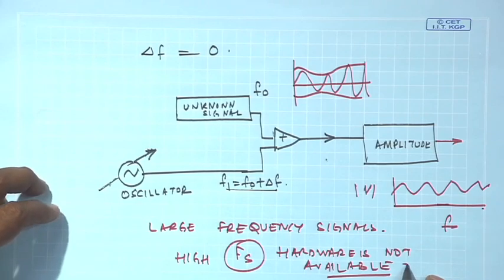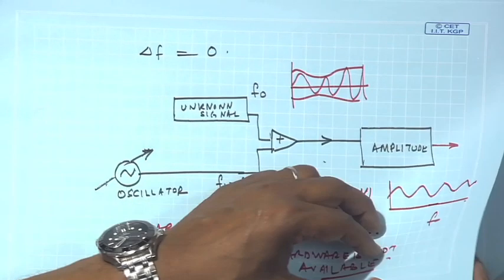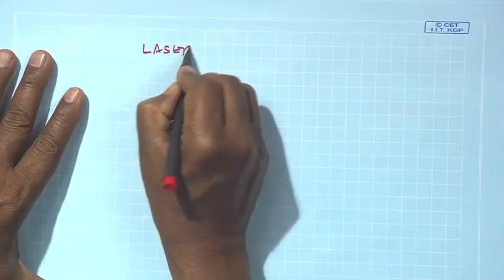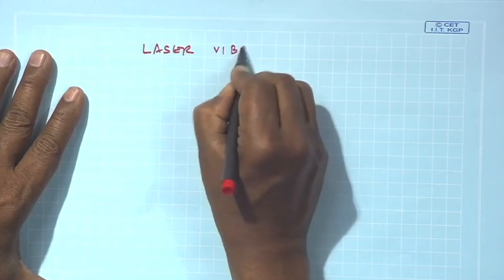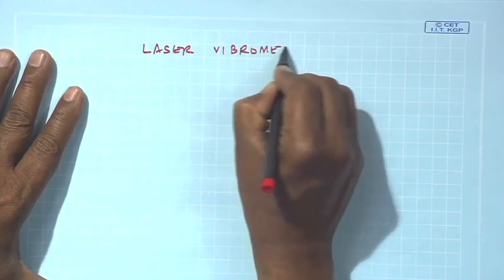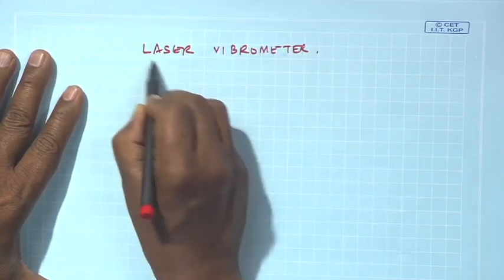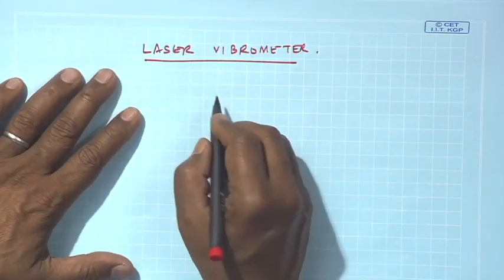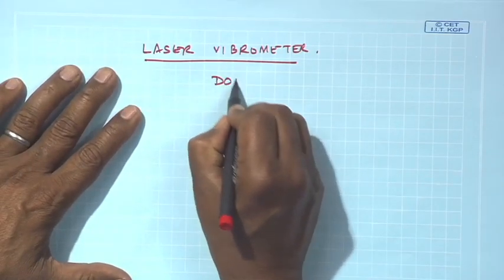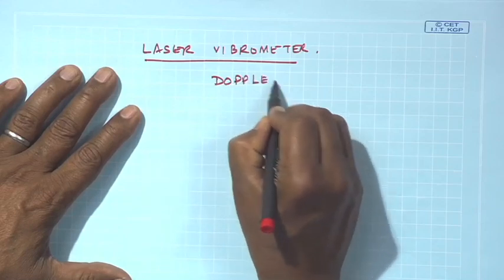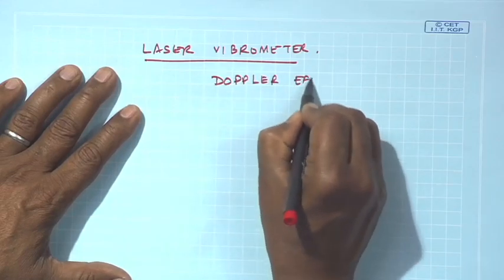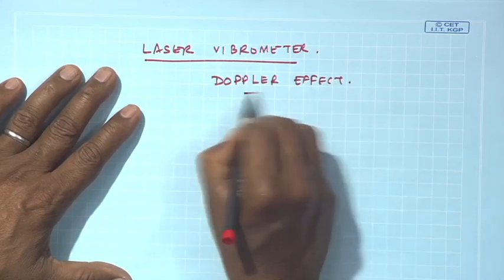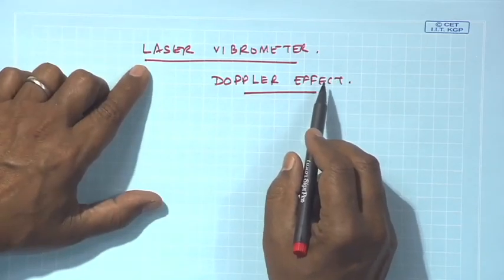I will tell you an exact example. Even later on we are going to study about the laser vibrometer, where the laser vibrometer works with the principle of the Doppler effect. And laser frequencies are very, very high frequencies.